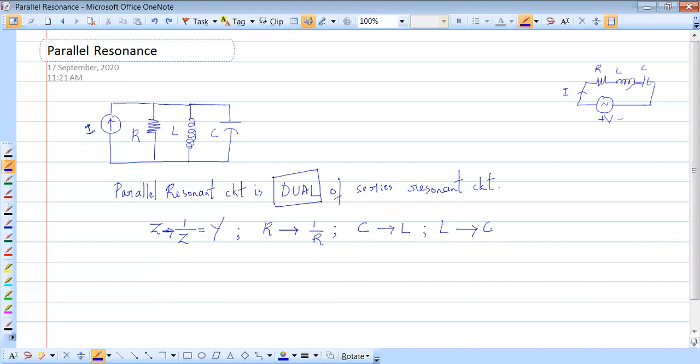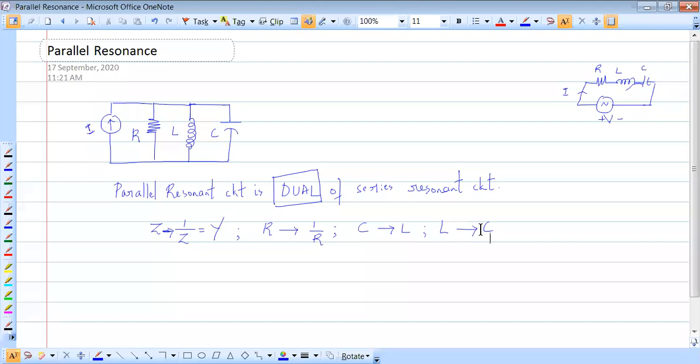Understand that? So the parallel resonance circuit is the dual of series resonance circuit. So how it is advantageous is, whatever equations that we have seen in case of series resonance circuit would all be true for parallel resonance circuit with these replacements. Get that point? I'll be demonstrating that. I'll be showing you how we can say that. So this is the meaning of dual.